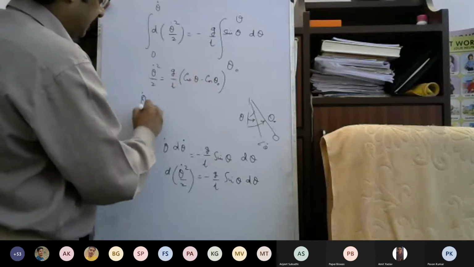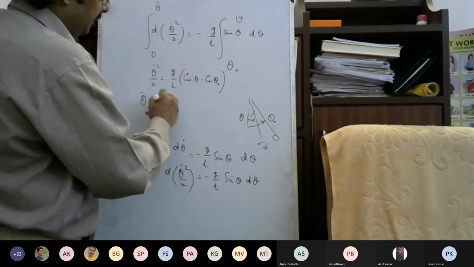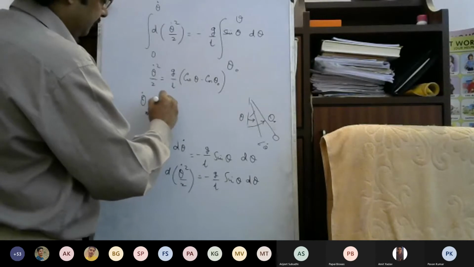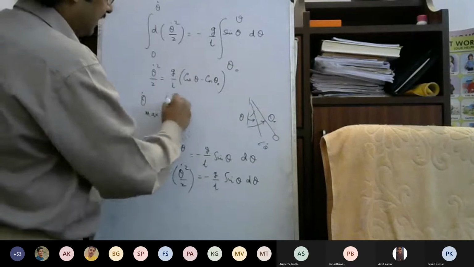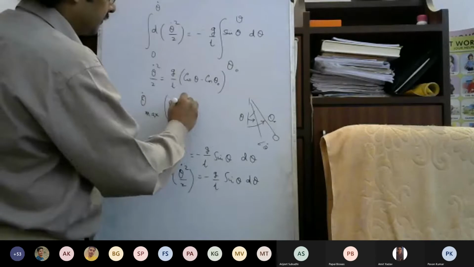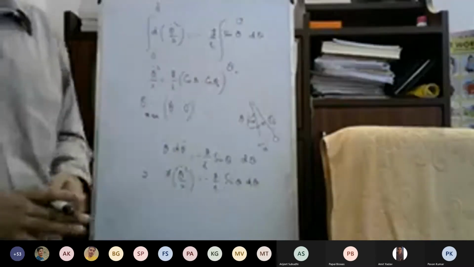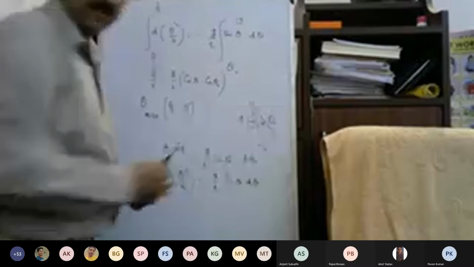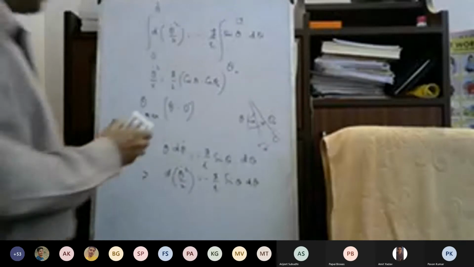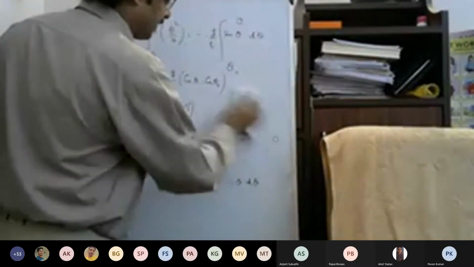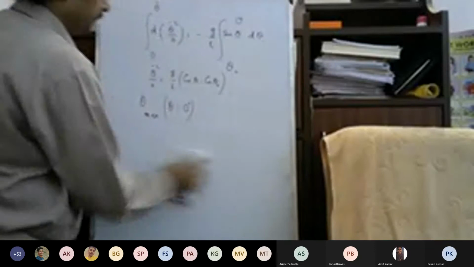So theta dot maximum will be at theta equal to 0 degree. When theta becomes 0, theta dot will be maximum. So it will have the maximum velocity at this particular point, when theta is equal to 0.